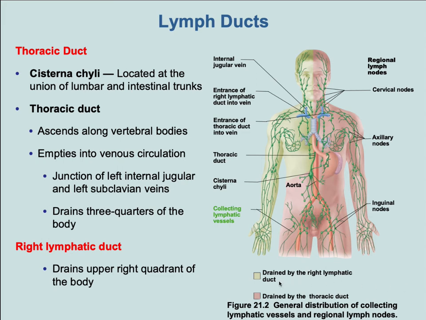Okay, and when this is present, this duct will empty into the neck vein near the junction of the right internal jugular vein and the right subclavian vein. Okay. In that case, this duct is responsible for draining this right upper quadrant part of your body.